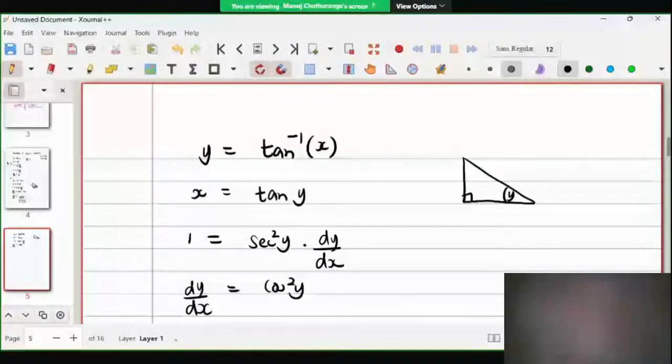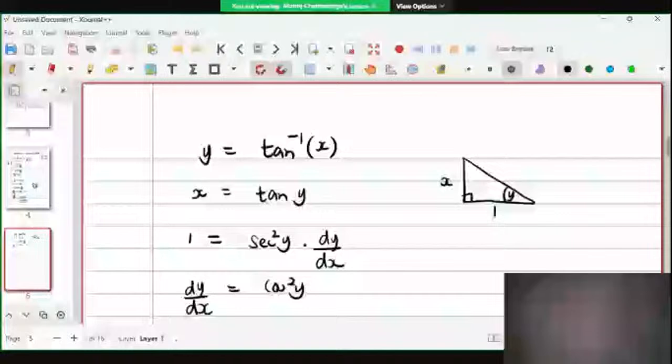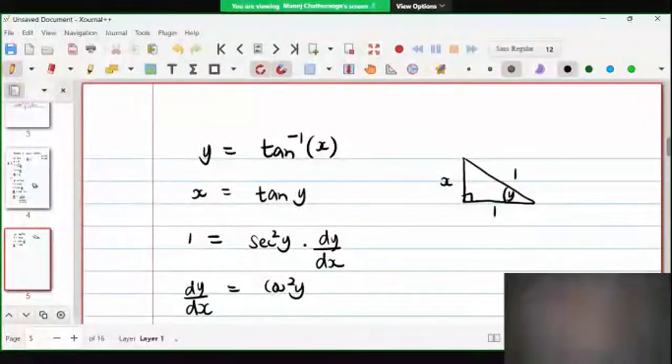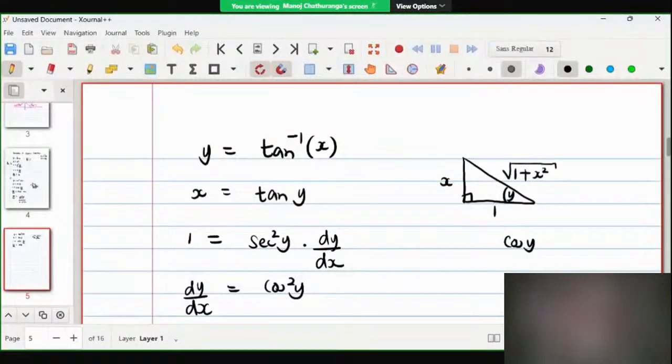Tan is opposite divided by adjacent. So let's say opposite is x and adjacent side is 1. Then hypotenuse is square root of 1 plus x squared. So cosine of angle y is adjacent divided by hypotenuse.